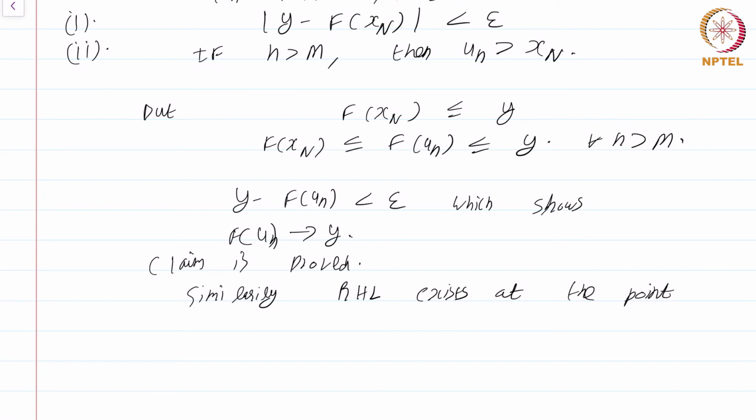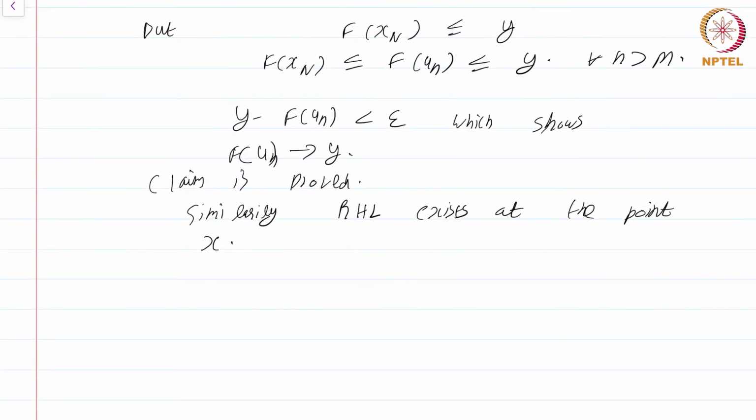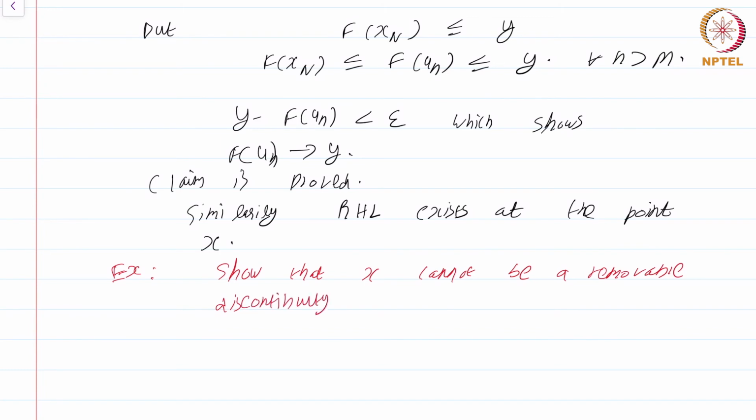Now I'm going to end this proof by giving you a very easy exercise. Show that x cannot be a removable singularity, cannot be a removable discontinuity. I keep using the word singularity because I'm a complex analyst.